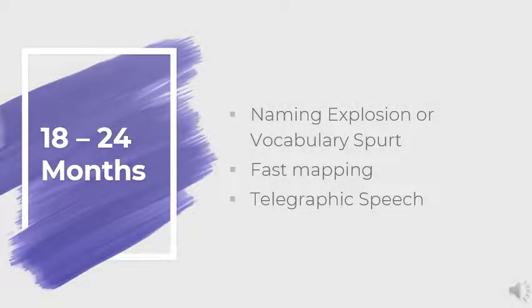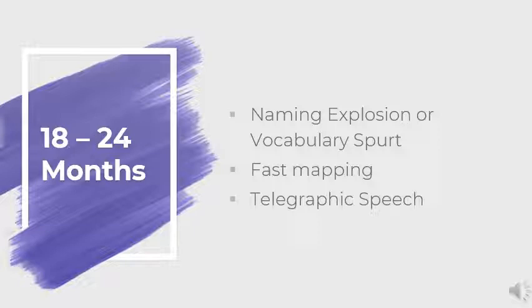Between 18 and 24 months is when the naming explosion is happening. This is also sometimes referred to as a vocabulary spurt. It's where the pace of learning new words doubles from 1 to 3 words per week to 5 to 6 words per week.